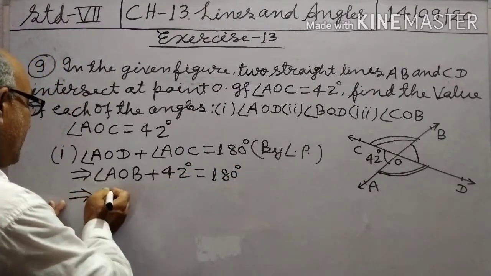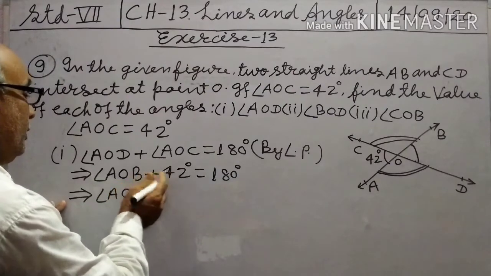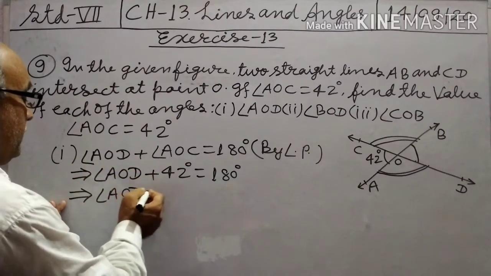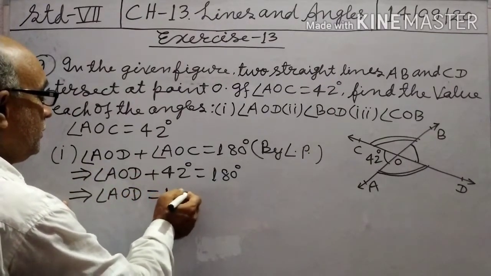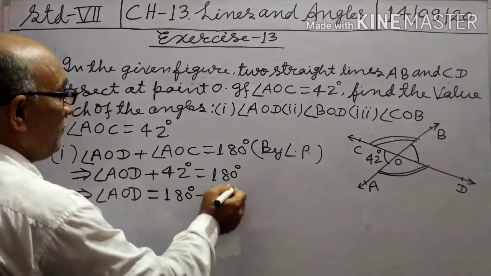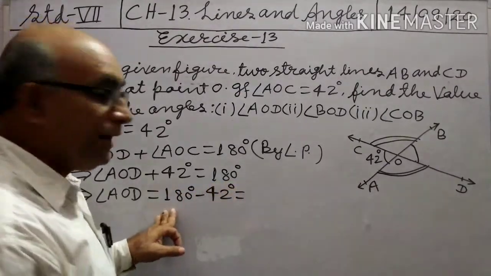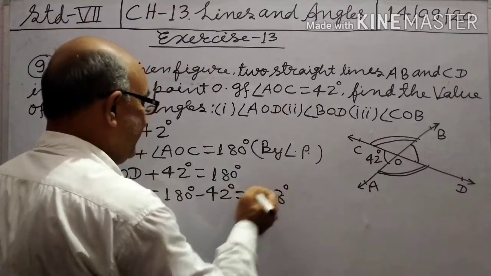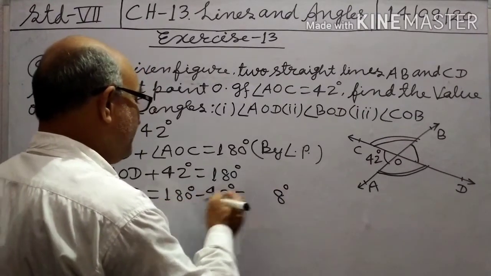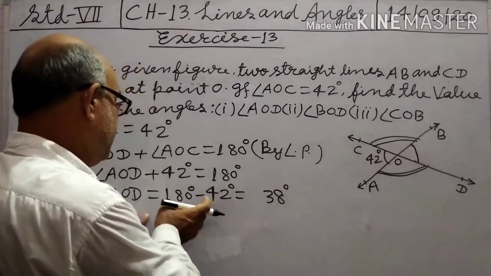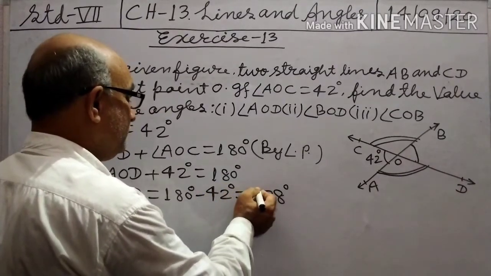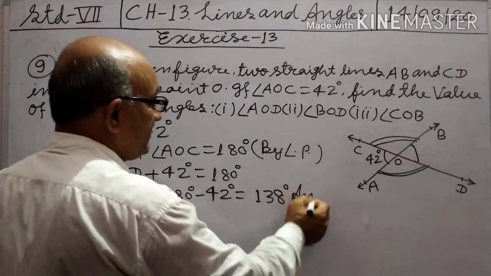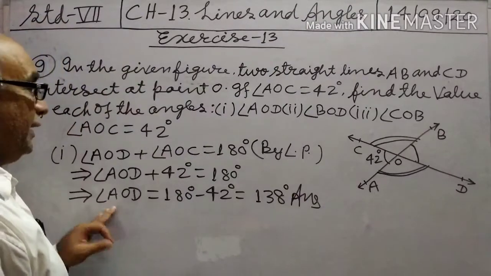That implies angle AOD equal to 180 degree minus 42 degree. 10 minus 2, 8, and 7 minus 4, 3, and 1 minus 0, 1. 138 degree. Answer of the value of angle AOD.